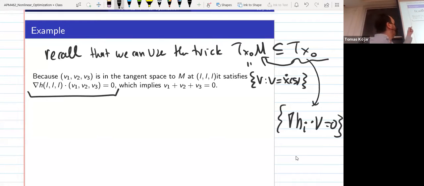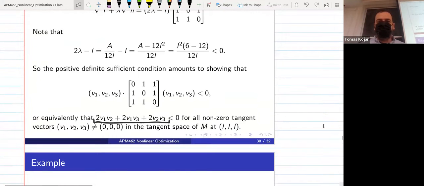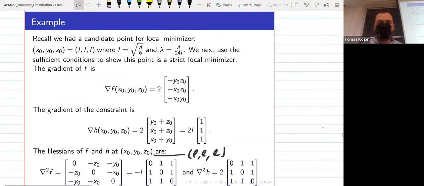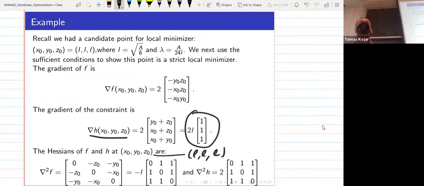You only have one constraint, so you just have to satisfy this. Let me remind you what the gradient was, because I forgot. The gradient of this was 2L, 1, 1, 1.